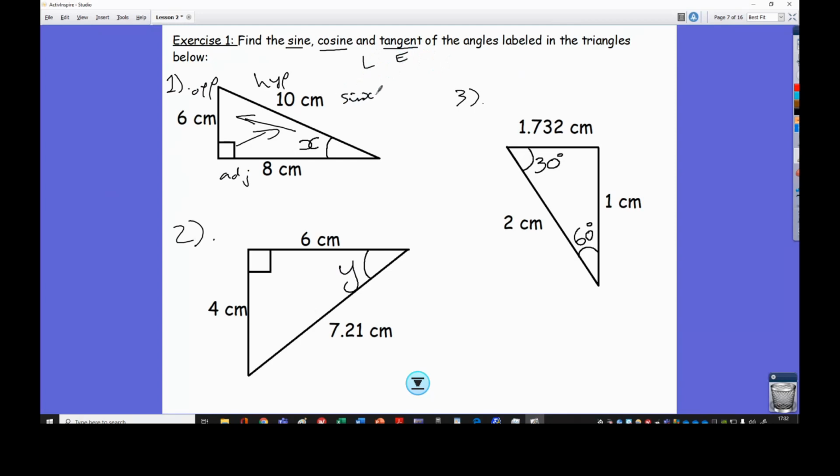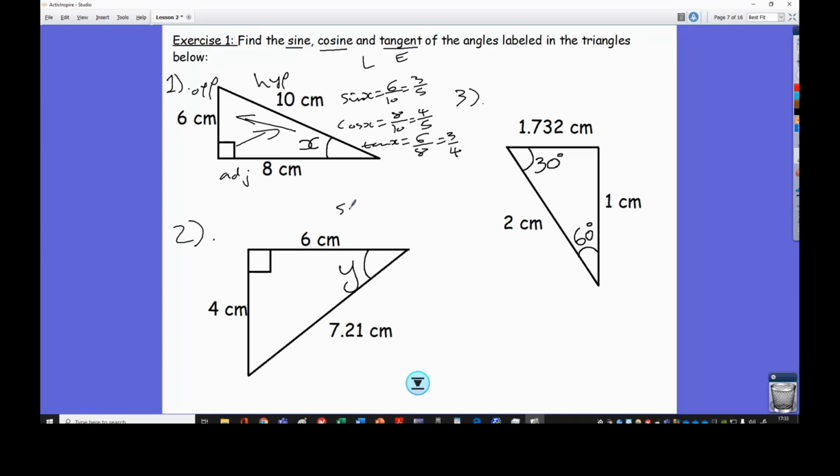So for the first one, you should get sine x is 6 over 10, which you could simplify to 3/5 if you wanted to. Cos x should be 8 over 10, 4/5. And tan x should be 6 over 8, which is 3/4.